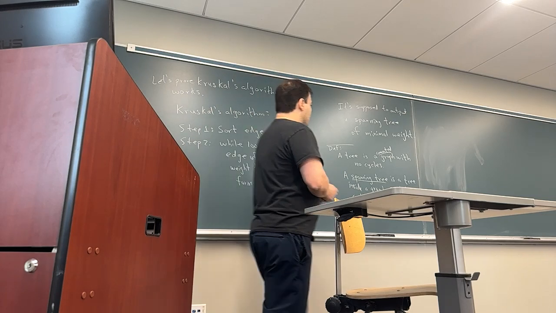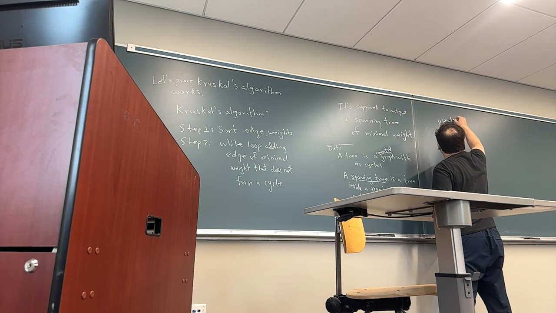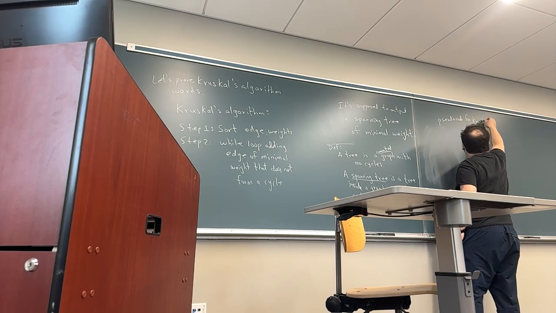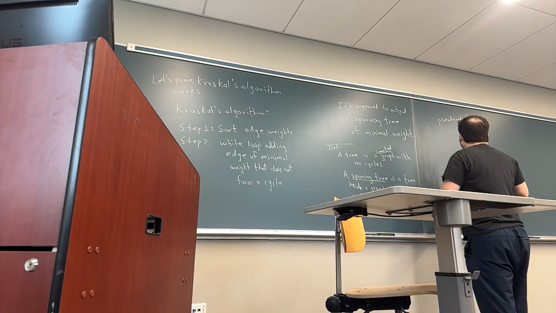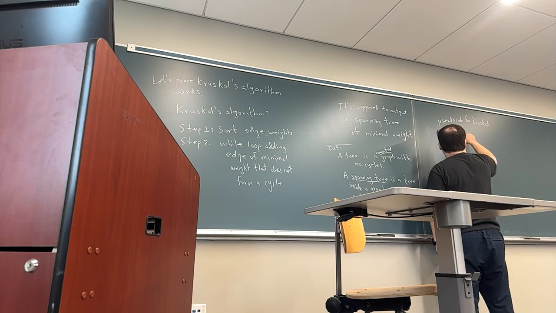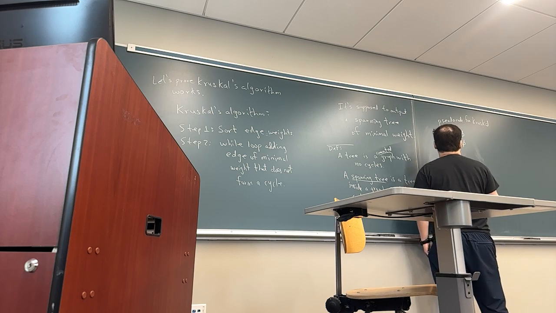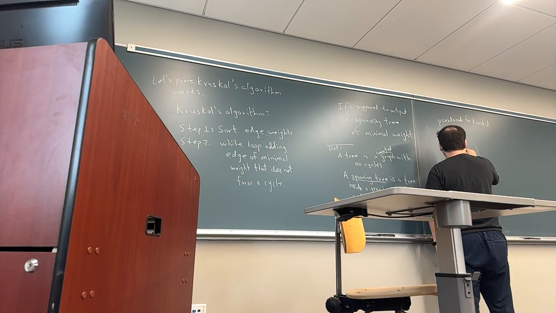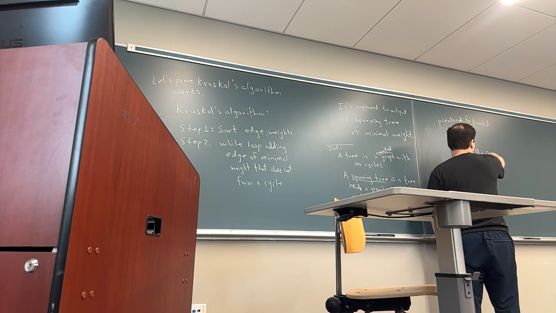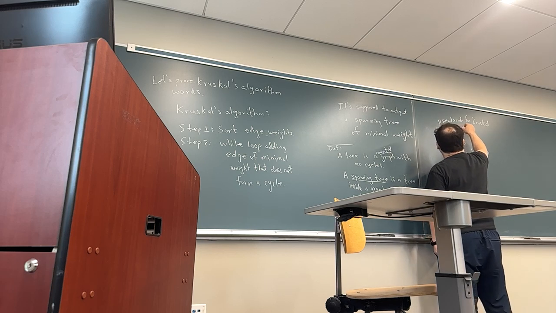So let's look at, say, the following pseudocode. All right, so you start with the empty set, and you have an empty tree, and then you do while the size of S is less than N. So let's say your graph G has N vertices.